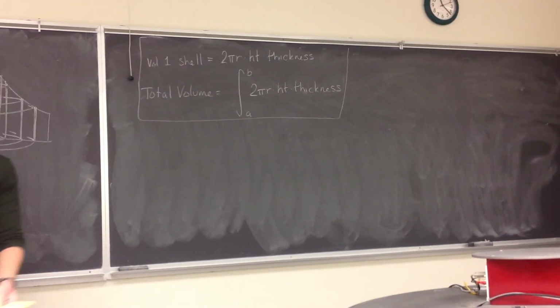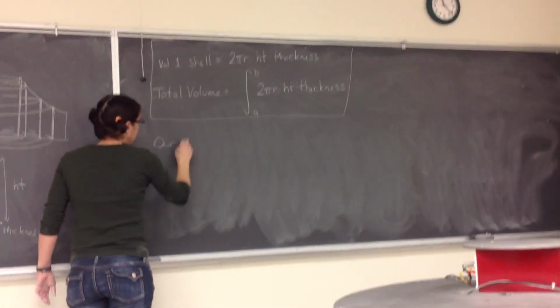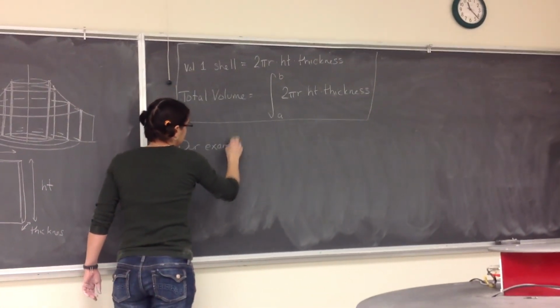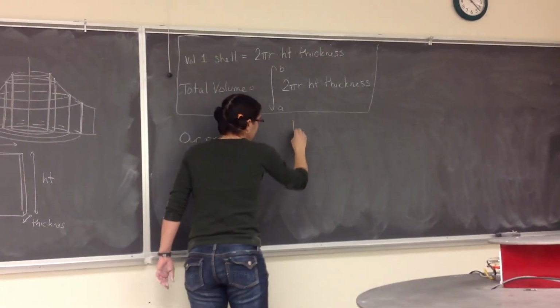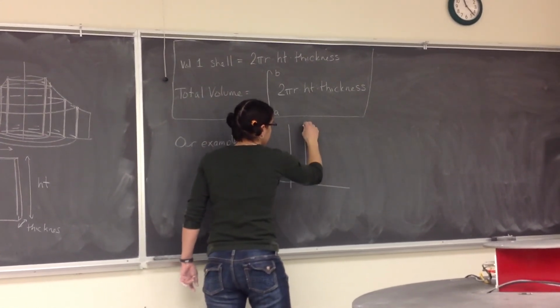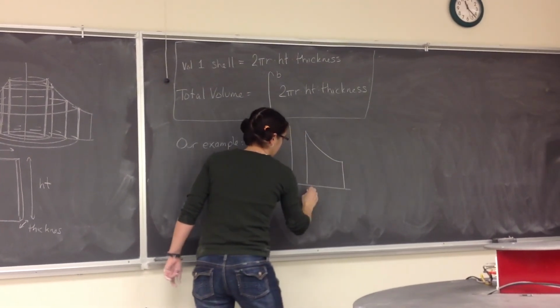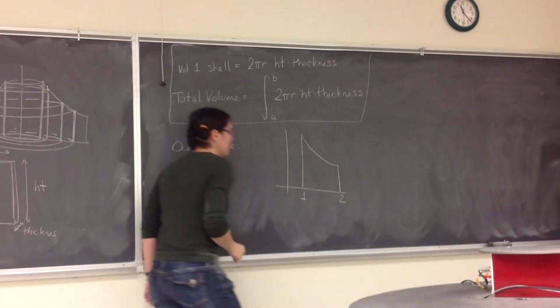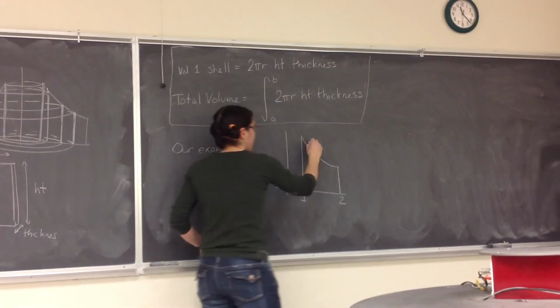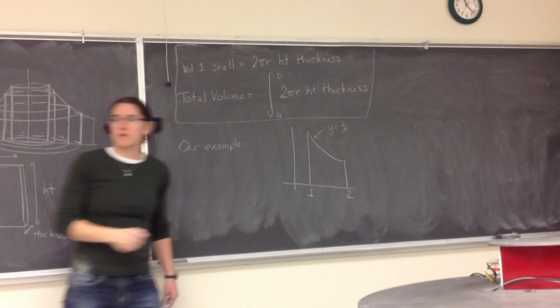All right, so let's look at it in terms of our example. In our example, we have our picture of our original region. And we had x equals 1 and x equals 2, and we have y equals 1 over x as the curve across the top.